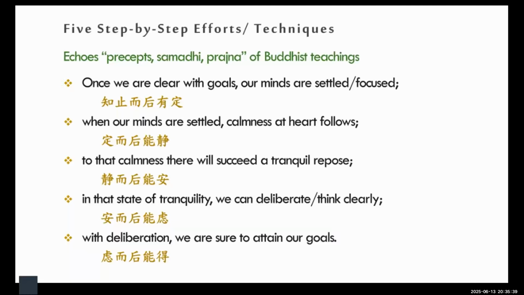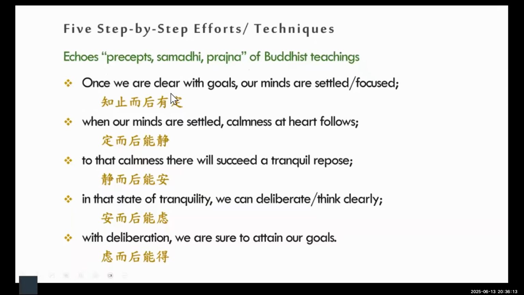So it kind of echoes getting rid of all the desires, rectifying our mind, and following the principles. The second one is samadhi, the proper concentration. And then prajna is the wisdom. 戒定慧, the 三无漏学 in the Buddhist teaching. So these are the 5 steps.